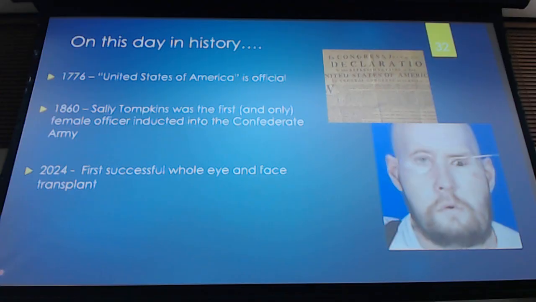In 1860, Sally Tompkins was the first female inducted into the Confederate Army. She was a nurse, and her story is actually kind of interesting. In her town in Virginia, the judge took his family away because the armies were coming in, big fights.